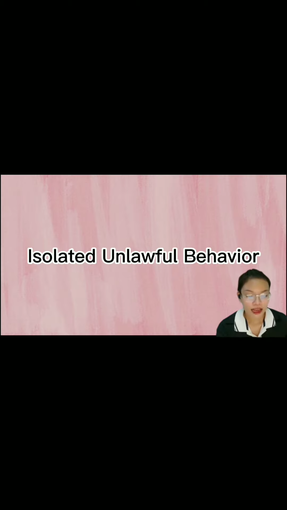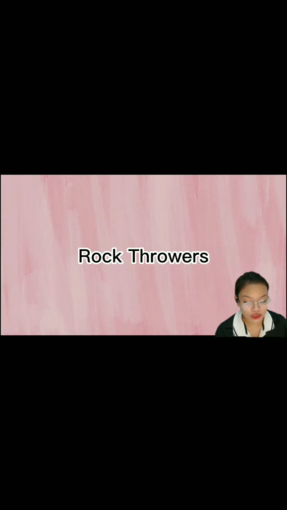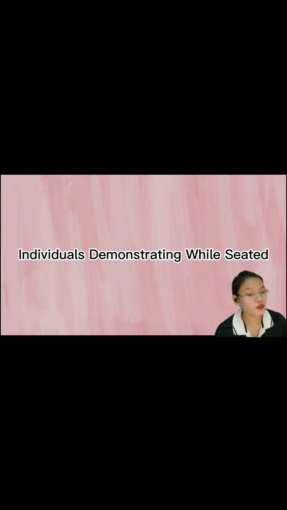Next is isolated unlawful behavior. An isolated criminal action within a crowd should not always entail designation of an unlawful assembly, like isolated property damage, unexpected violent acts, rock throwers, and individuals demonstrating while seated.